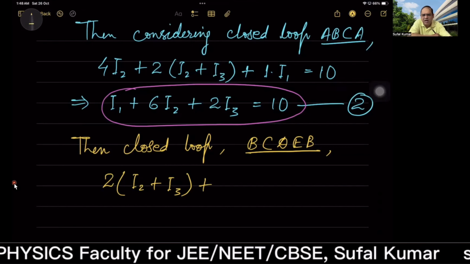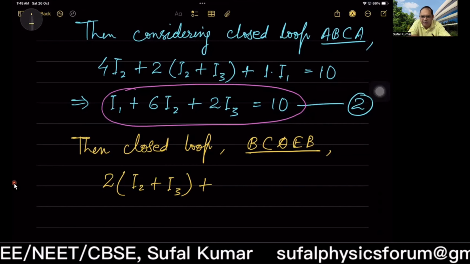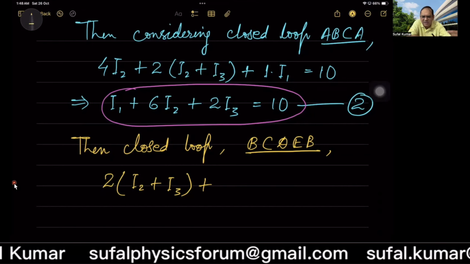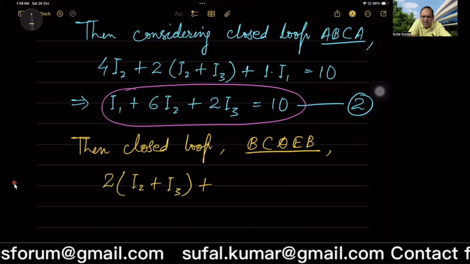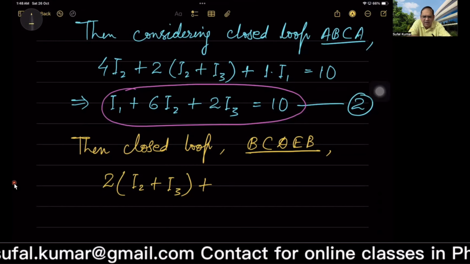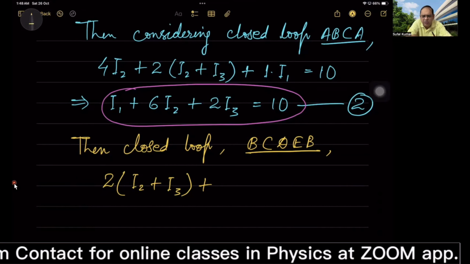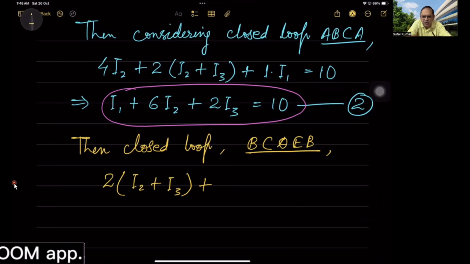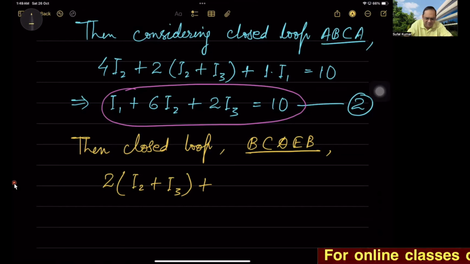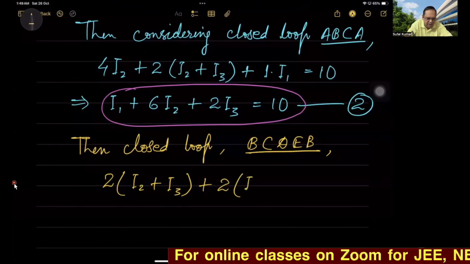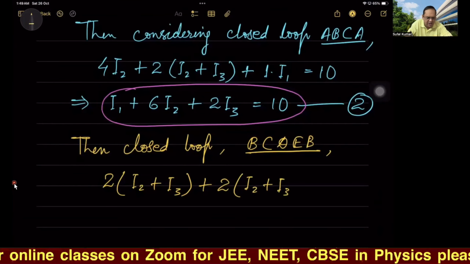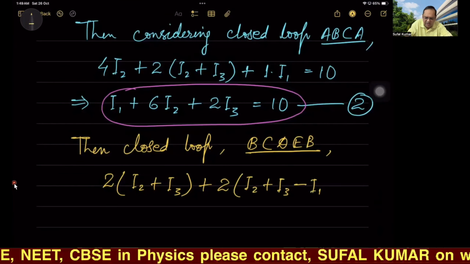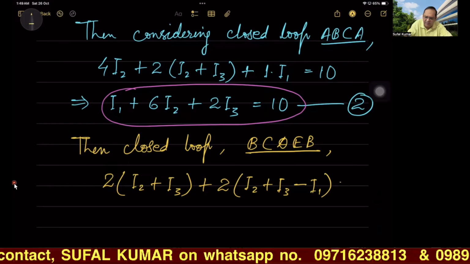All these are coming positive because we are traversing our circuit along the direction of current. Otherwise, we would have negative. This is not a rule, this is our convention. It is up to you which convention you follow, but I suggest you simply apply this only. Plus 2 into I2 plus I3 minus I1, that is equal to 5.